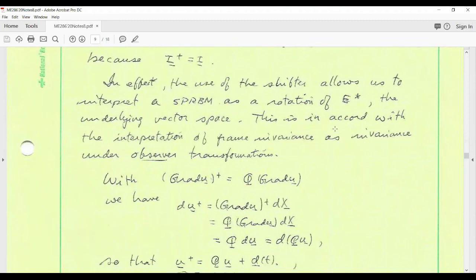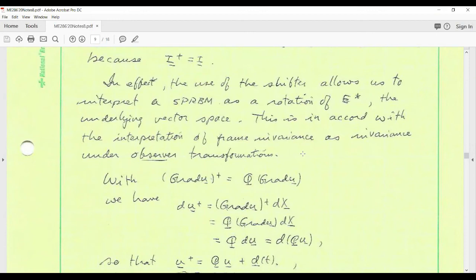And that's really more in keeping with the interpretation of frame invariance as invariance under observer transformations. For example, as an observer, if you change your orientation relative to a body in space, from your point of view, you're carrying your vector space with you, like, say, if you're wearing some glasses, you have a frame of reference associated with the fixed axes in your glasses.